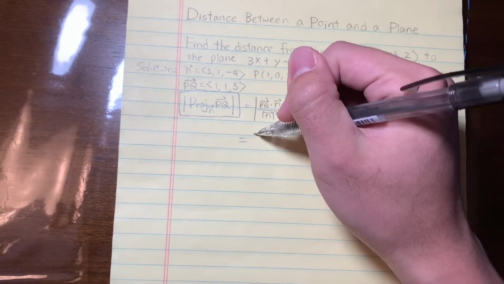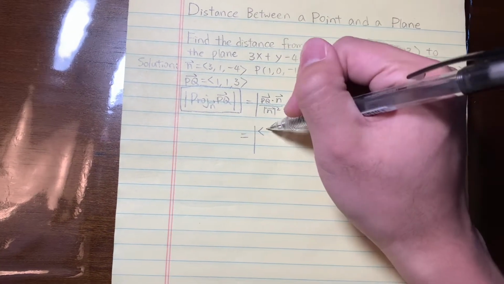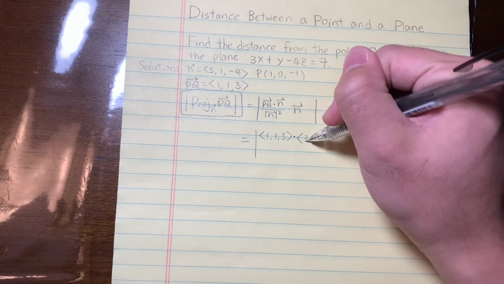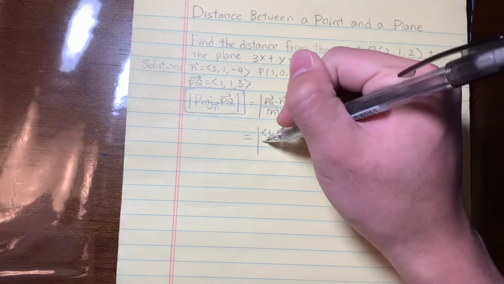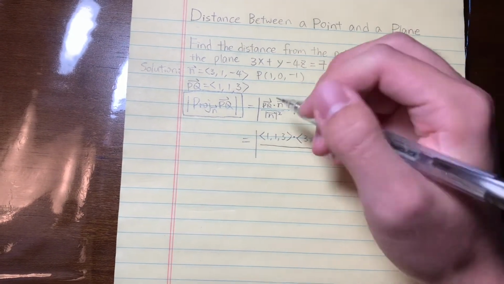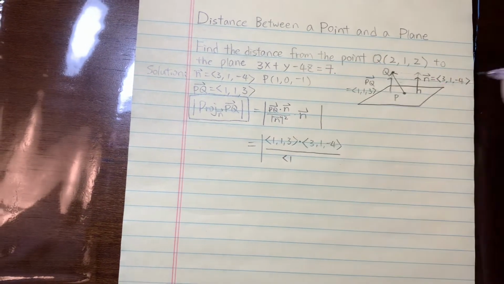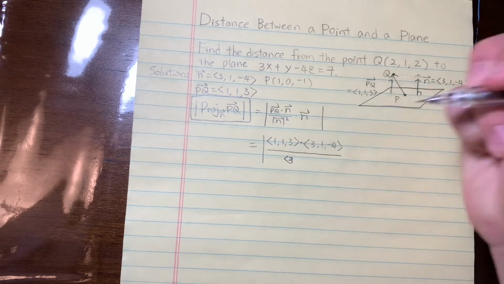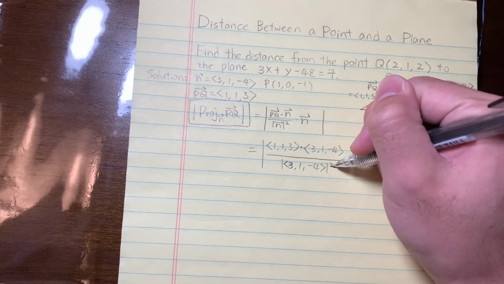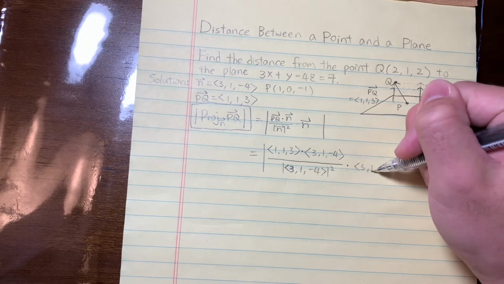So what is PQ? PQ is 1, 1, 3, dotted with N, which is 3, 1, negative 4. And what is N squared? 3, 1, negative 4, all squared, times N, 3, 1, negative 4.